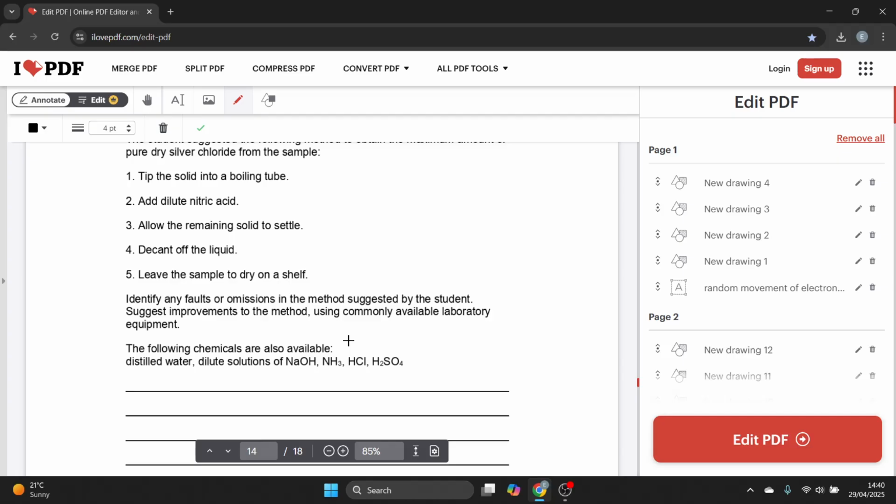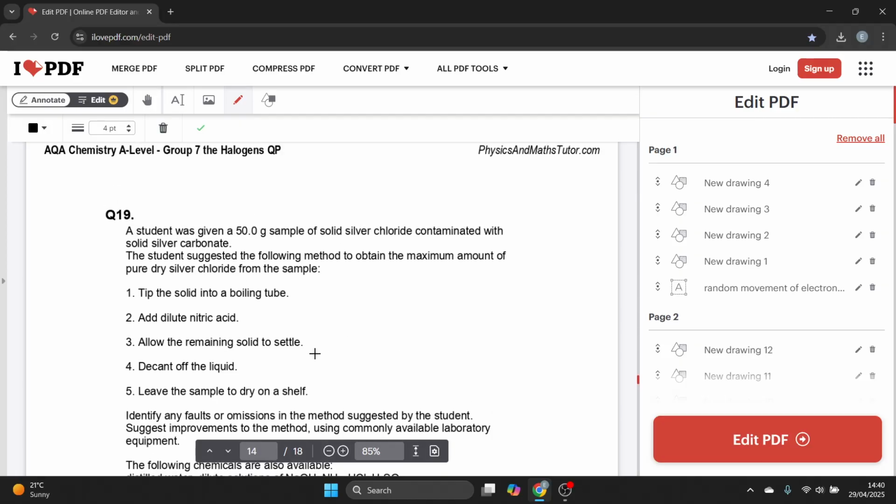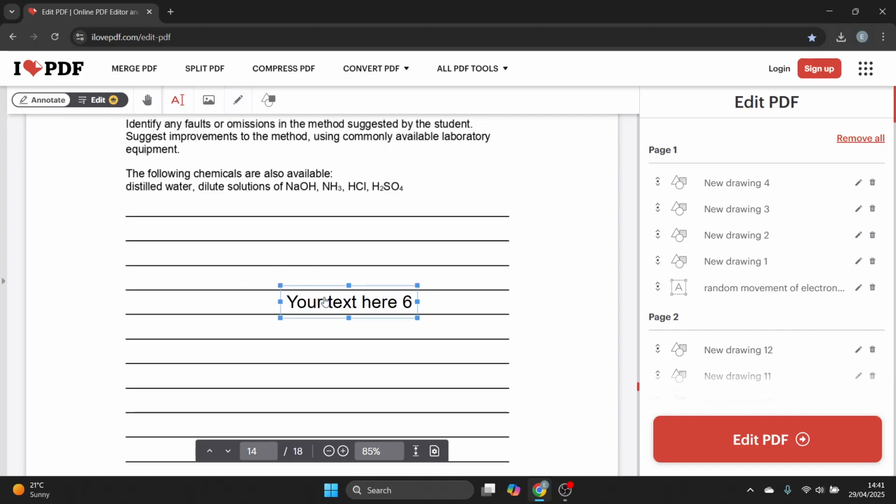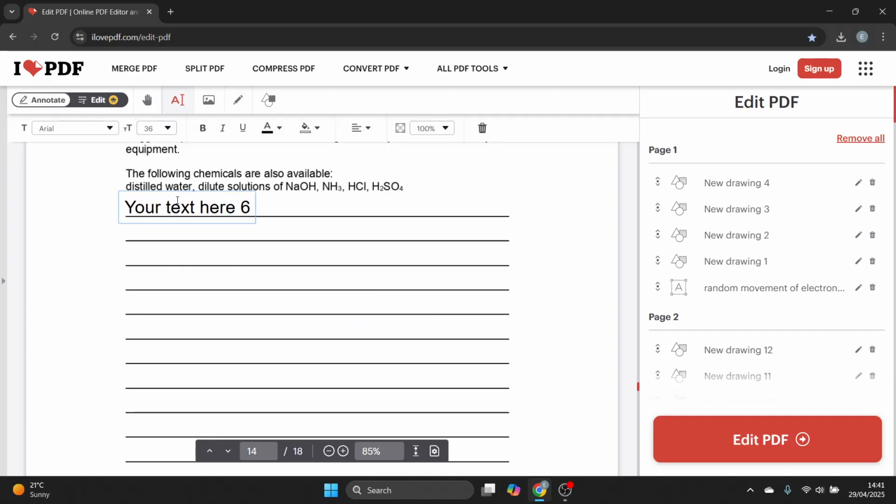Okay, so first things first, into a boiling tube. But I'm adding 50 grams. And it says tip the solid into a boiling tube. Well, yeah, the first part is a bit of, have you read the question properly?